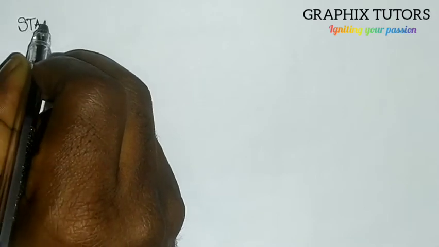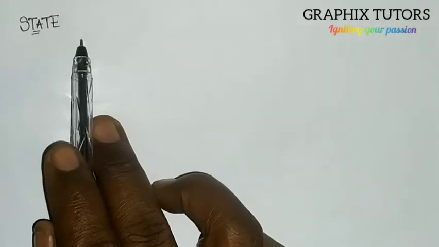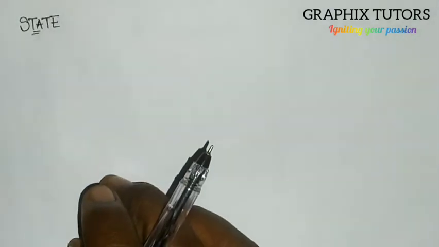Now, we're looking at the state of a system. This is another terminology we always hear when dealing with thermodynamics. The state is the overall condition of the system at a given point in time, right?